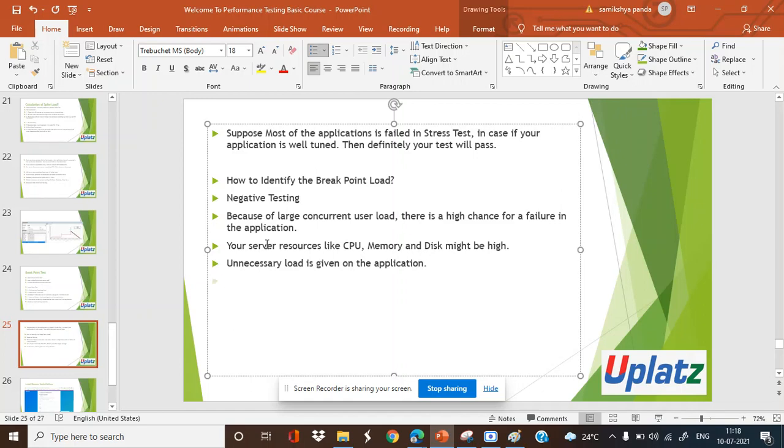So definitely when you put unexpected user load, beyond the limit, let me try to give an example.